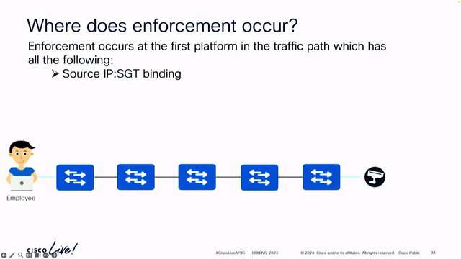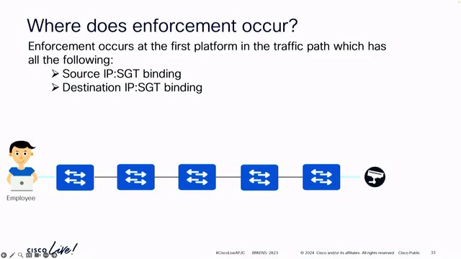The first one is that the switch or the device must know the source IP to SGT binding. And how can you know that? When you discover or authenticate a client, you know I have a client, it has this IP address, and we got this SGT binding for it. So, the classification. Then it must know the destination IP to SGT mapping.